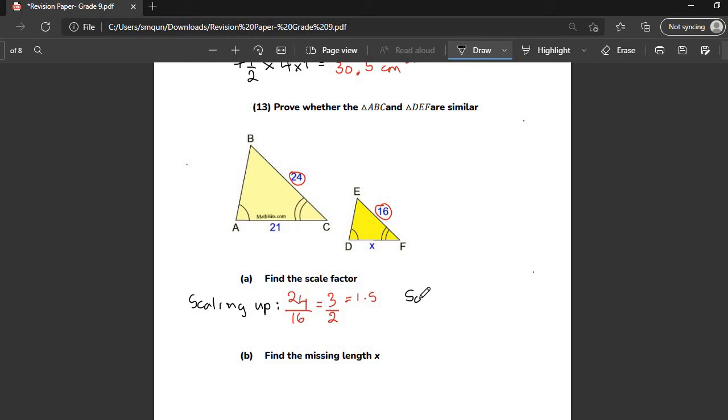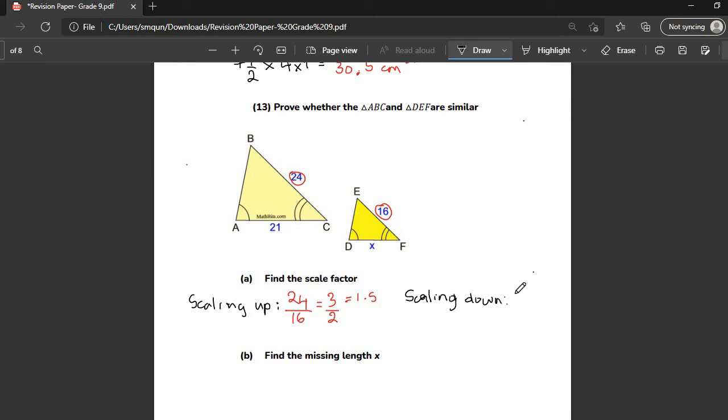Okay, to get the scaling down scale factor, the scale factor you would use when scaling down, this is when you want to go from the larger triangle to the smaller triangle. To find this, you're going to put the smaller corresponding side over the larger corresponding side.